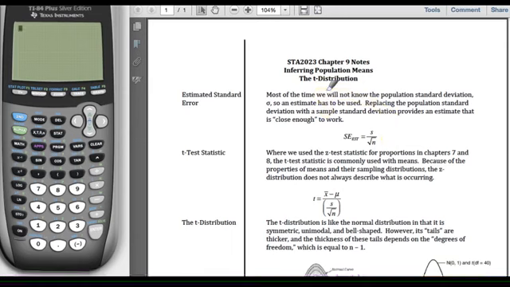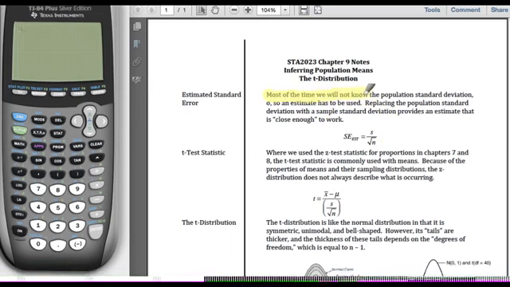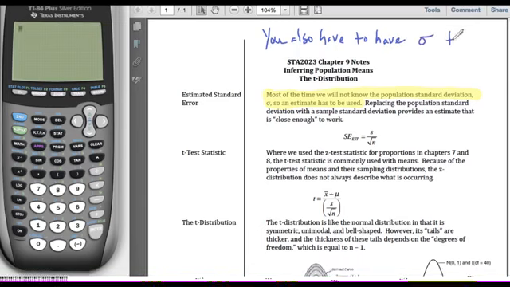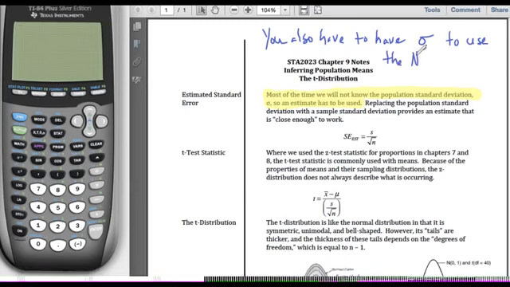Most of the time, we will not know the population standard deviation, sigma. So an estimate has to be used. Now this isn't noted in our text, and I didn't note it in the last video because I wanted to save it for this video, but you also have to have sigma to use the normal distribution.